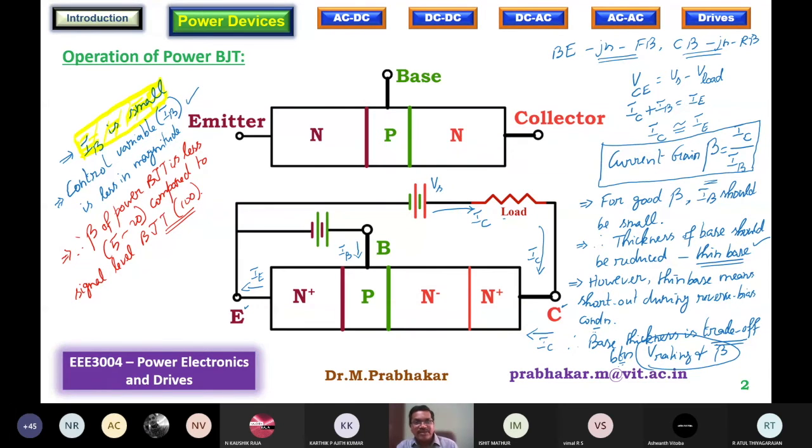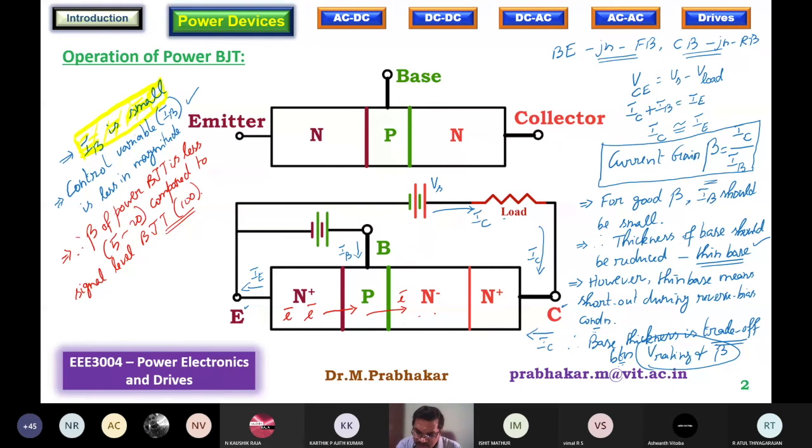You forward bias the base emitter junction, and then electrons will be emitted into the N plus layer because they are excess charge carriers. They are majority carriers. The electrons will actually cross this PN junction, N plus P junction, and then they enter into the base region. Base region, because it is thin, the electrons will easily be transferred to the N minus interface where we have a reverse bias that is applied.